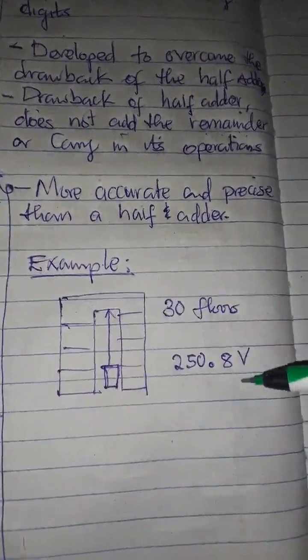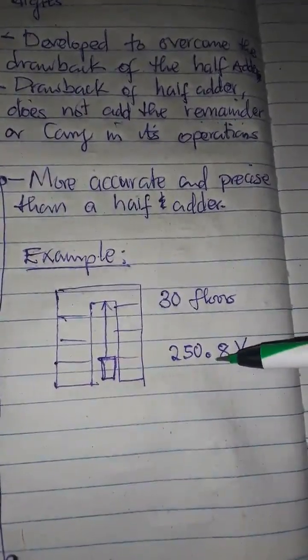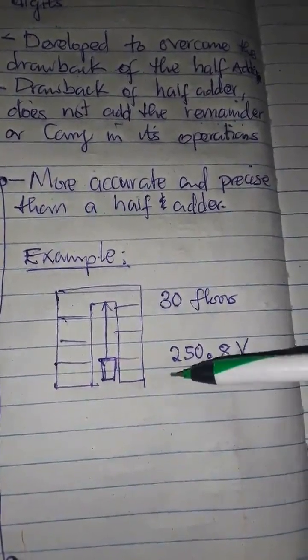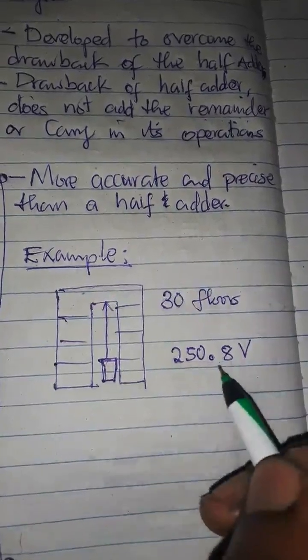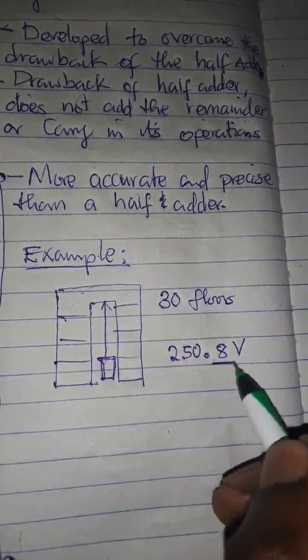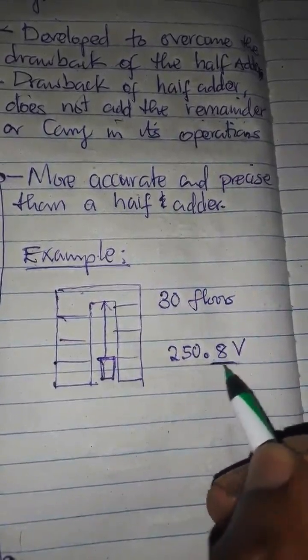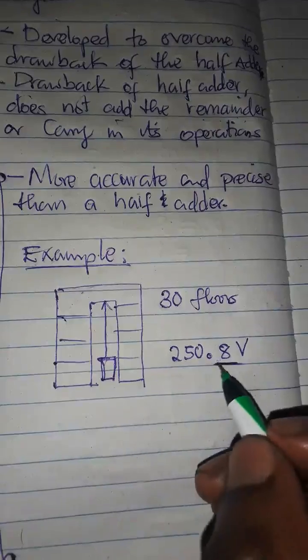If you use a half adder to implement this type of technology, what will happen is that the half adder does not count these decimals. It does not take the decimals into account, because these are the remainders. A decimal represents a remainder in a fraction.